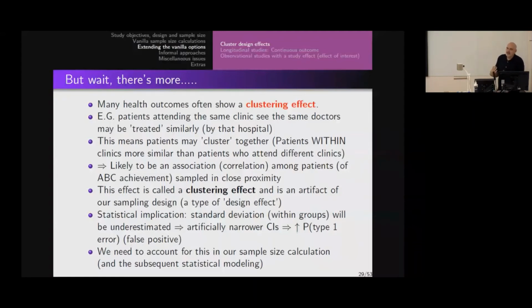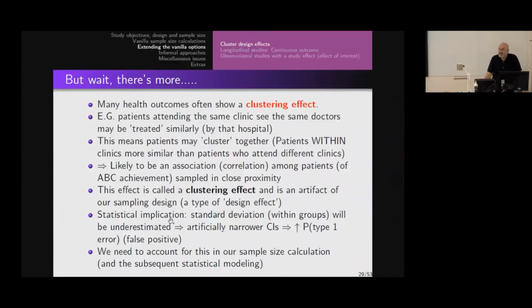And what it's got to do with is our study design. It's an artifact of our study design. Okay, because we have 27 hospitals, each with 200 patients, those patients in each of the hospitals will cluster together. We need to account for that. If we don't, we're going to underpower our study.